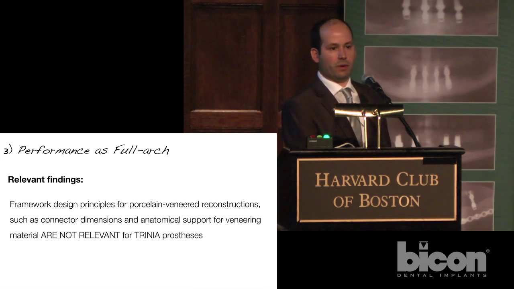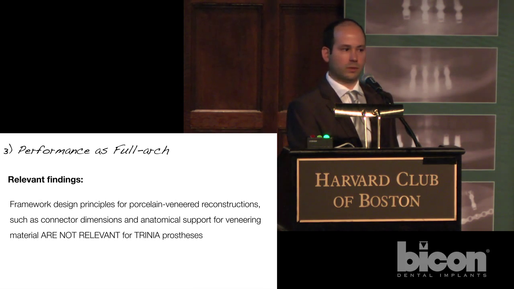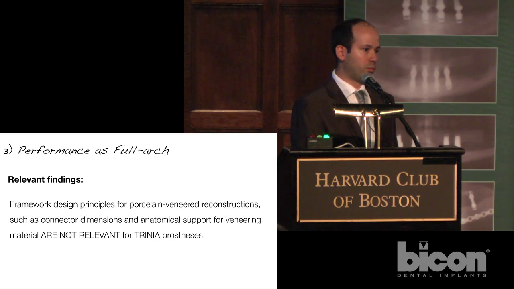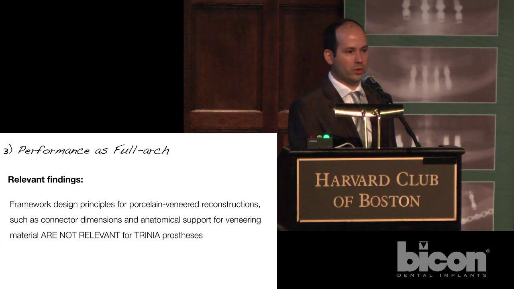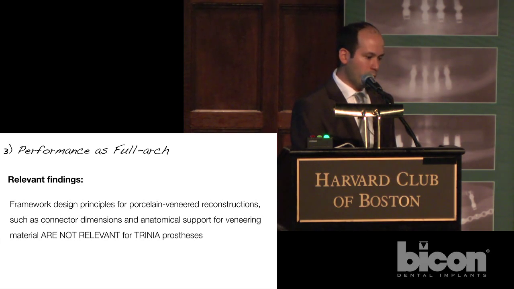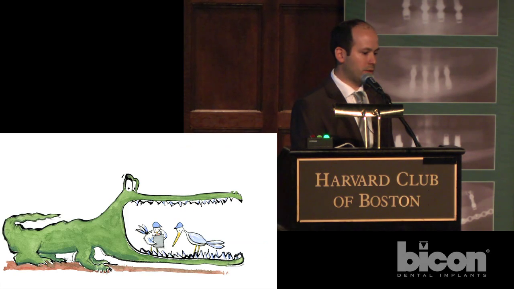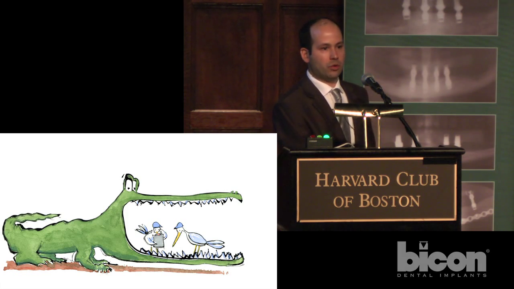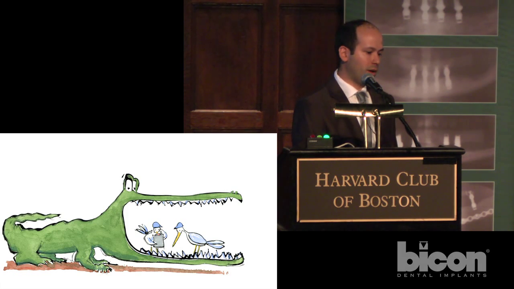So if we think of all the framework design principles that have been proposed for any porcelain veneered prosthesis, and we try to translate that to composites, they simply do not apply. Okay, so framework design principles for porcelain veneered reconstructions, such as connector dimensions or anatomical support for veneering, are not relevant for Trinia prosthesis.